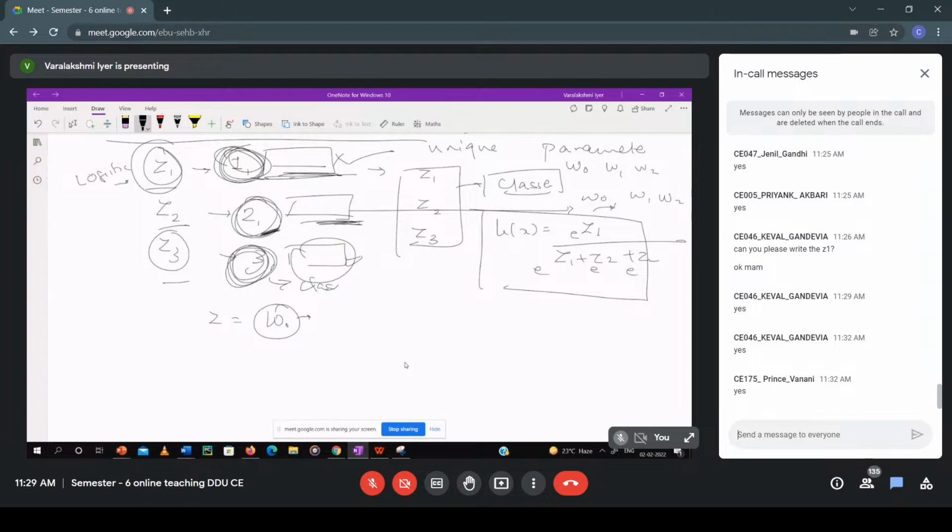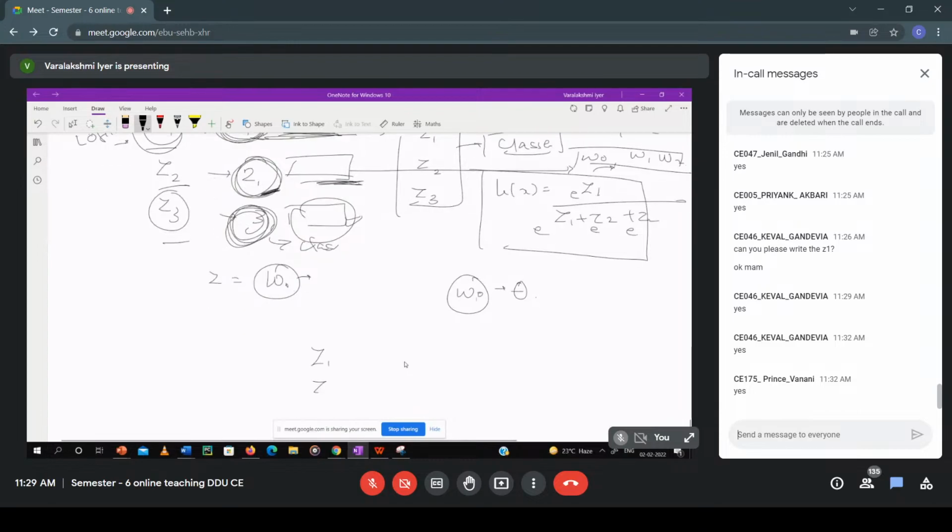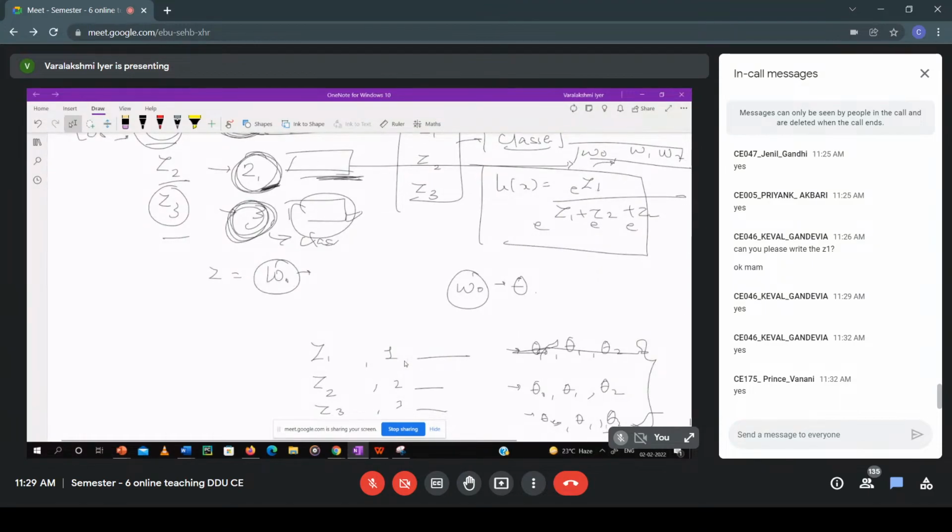Sorry, I mentioned W, but I'm talking about theta only. So Z1, Z2 and Z3, where 1 or some other class, 2 or some other class, and 3 or some other class, will have unique values of theta 0, theta 1 and theta 2. Similarly for this, and for this also, we'll have unique values of theta, since the data set here will be differing. Are you getting this point? Is everyone clear with this point?